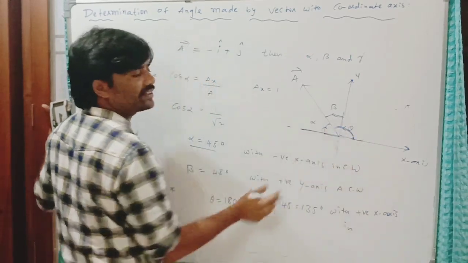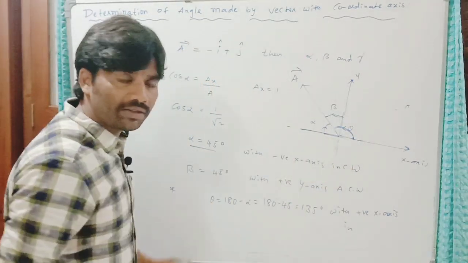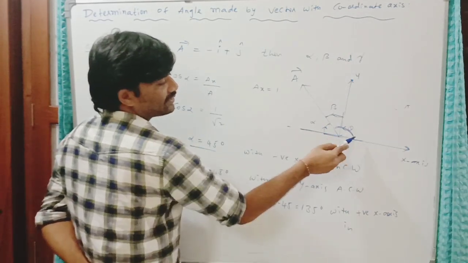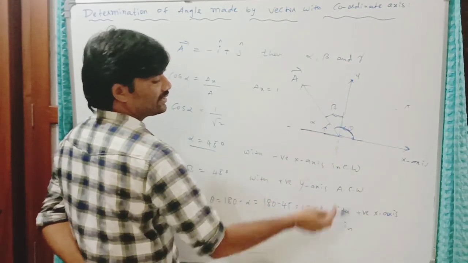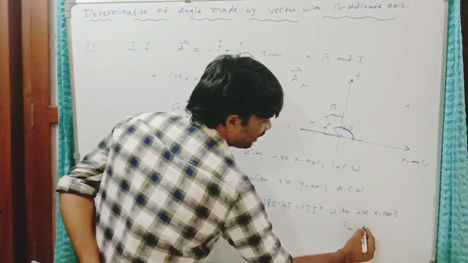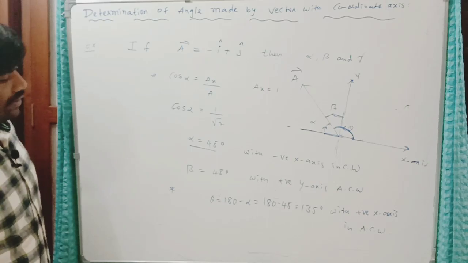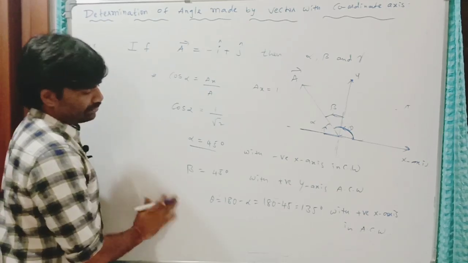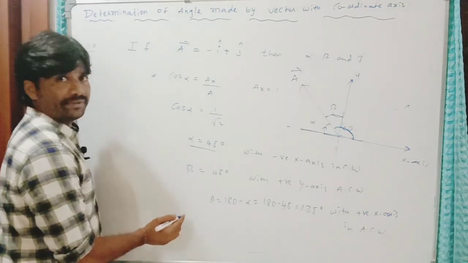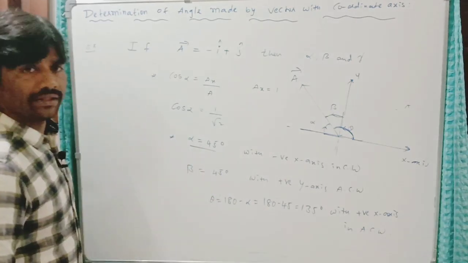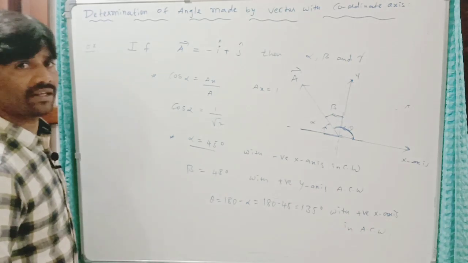We should always measure the angles towards the vector from the reference axis. This is our reference, so it should be measured like this, in anti-clockwise direction. So this is the way to describe the direction of a vector, right?